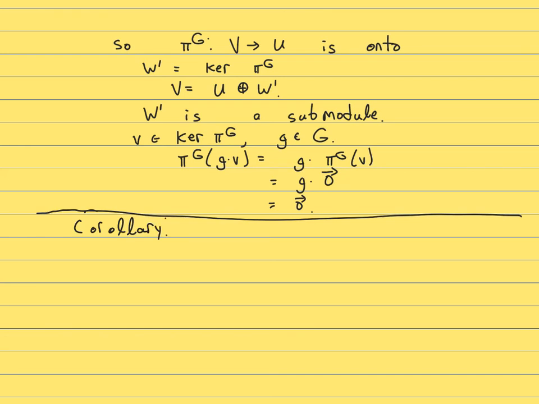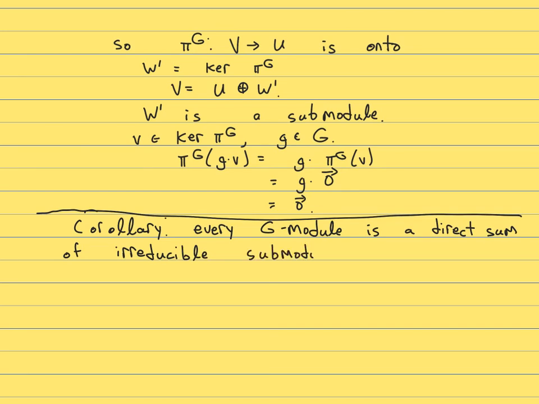And so the natural corollary was that every G module is a direct sum of irreducible G modules. Remember, irreducible means it has no nontrivial submodule. Proof: induction on the size or dimension.